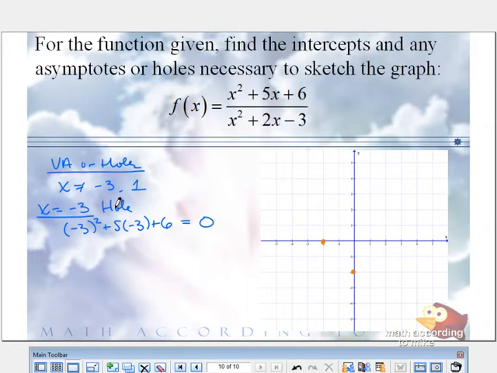So how does the numerator factor? And the denominator was x, x minus 1, x plus 3. So notice they both have a common factor of x plus 3. So when it reduces, you have x plus 2 over x minus 1. And now what do we do?